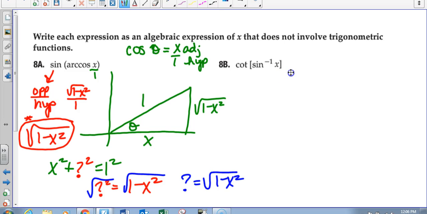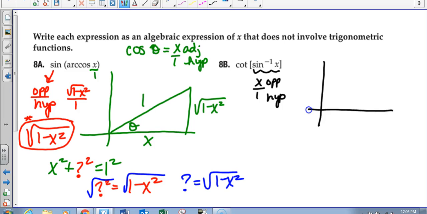All right, let's try another one. Where the sine is x, so sine is x over 1, or opposite over hypotenuse. Is that the same triangle we were just drawing? Same labels?